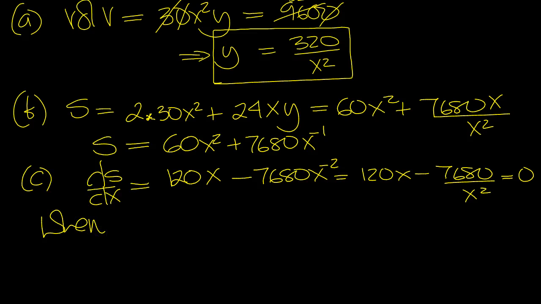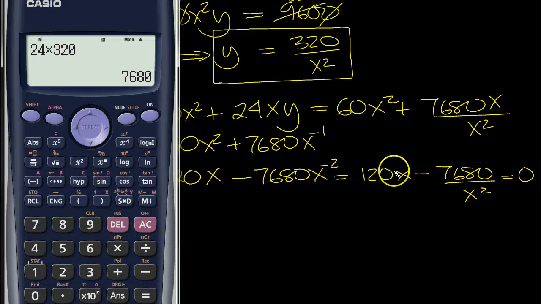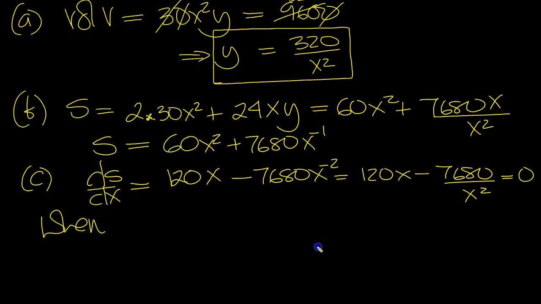So see if we can take out 120 as a common factor. Divide by 120, see if it does. It does, 64. So 120x, I'm going to take that out. 1 minus 64 over x.